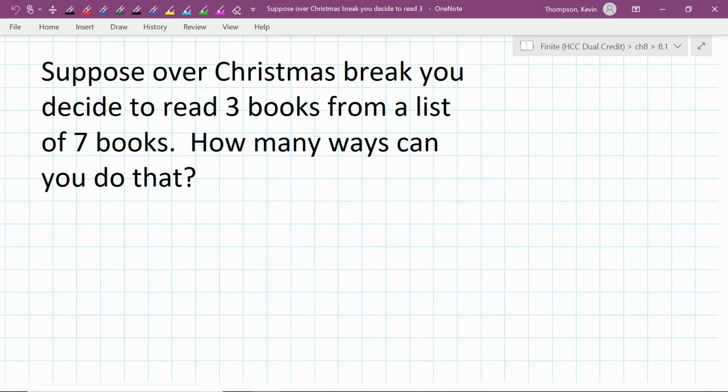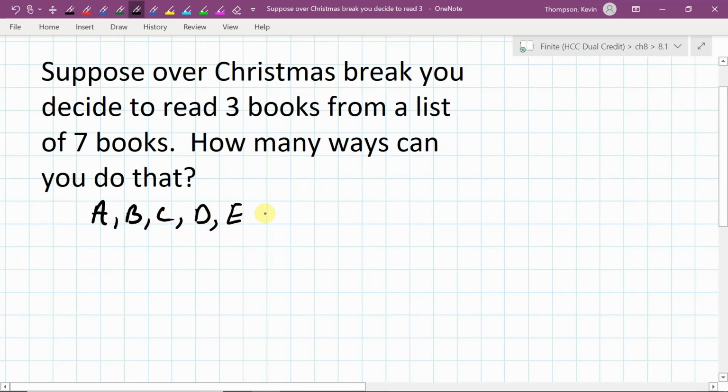I want to read 3 books from a list of 7 books. So think about on the bookshelf is these 7 books. A, B, C, D, E, F, G. There's my 7 books. I want to read 3 of them. How many ways can I do that?